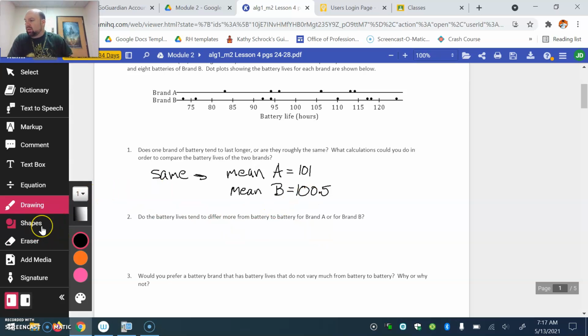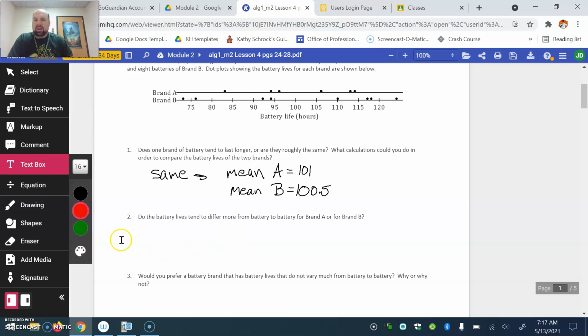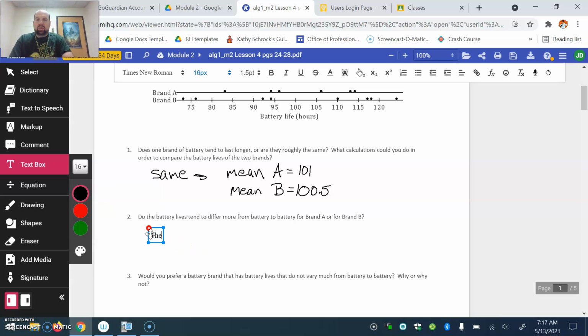If you look, the dots show there are definitely more changes for brand B. So brand B has a greater variability. So I'm going to type that in here. So the variability for brand B is greater than for brand A.